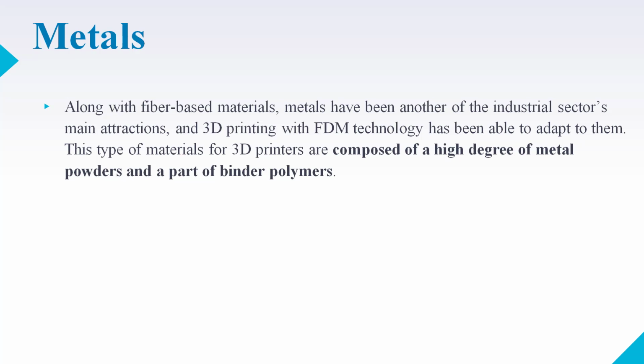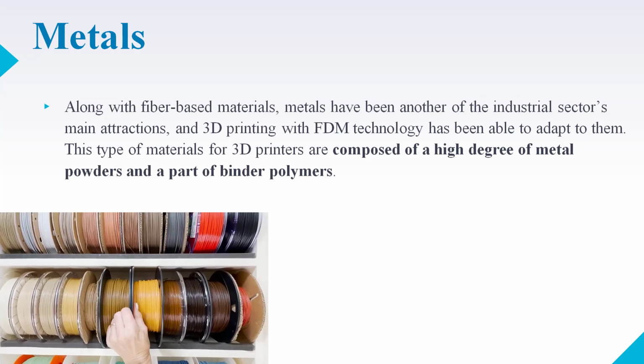We use metal powders and binders, and we bind them together and make a wire filament. The melting point is about 515 degrees C. But it has more or less similar strength as a metal, like copper alloys, aluminum alloys. These are the types of metals we are using in FDM 3D printing.